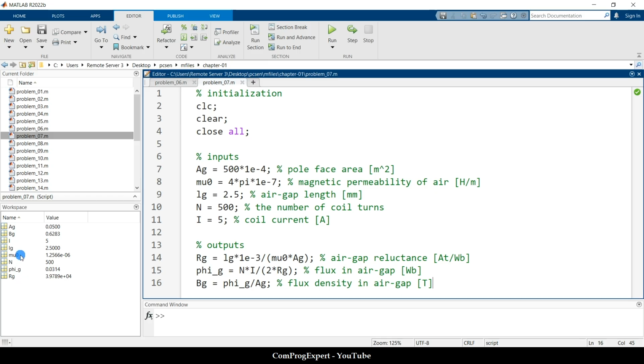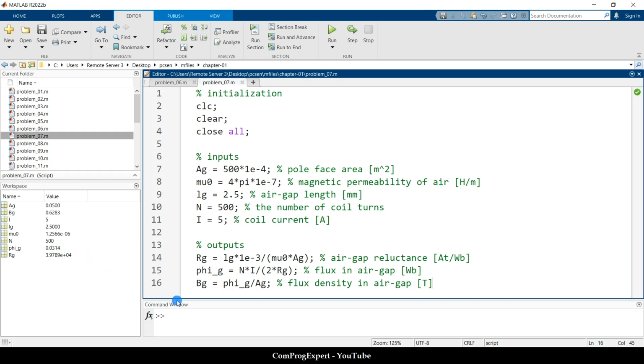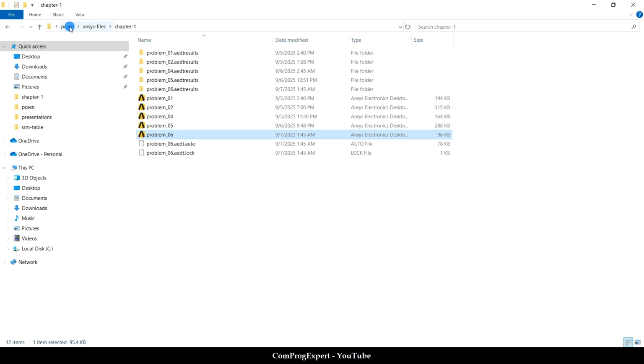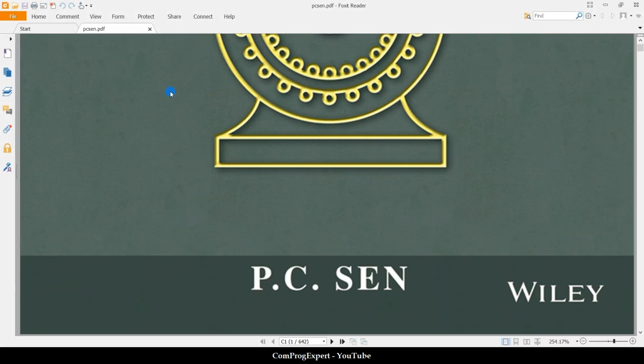The value of the B gap is 0.628. And here you can see the value of the flux in air gap. That is equal to 0.0314.